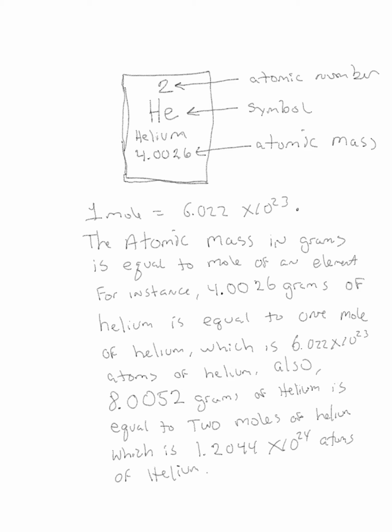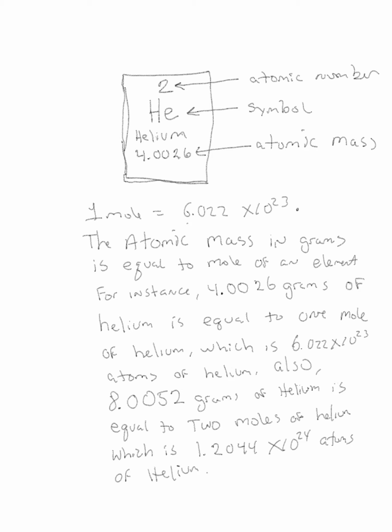Now, remember that 1 mole equals 6.02 times 10 to the 23rd. If we take the atomic mass, 4.0026 in grams, that would be equal to 1 mole of helium.